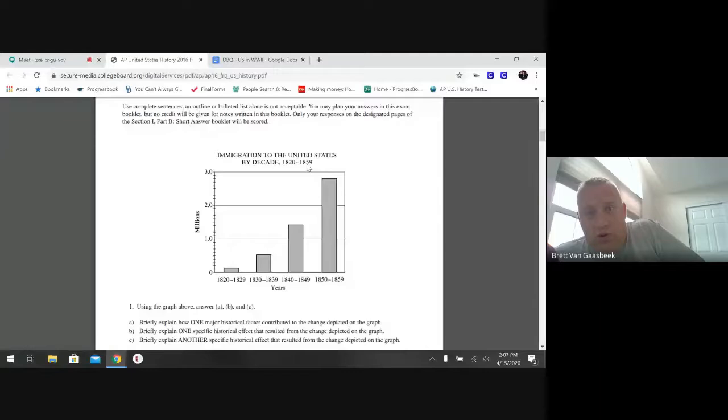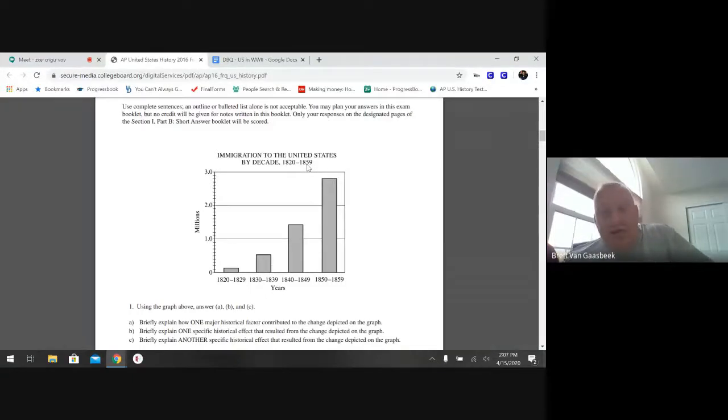That's what I'm getting just by looking at it. So in the 1820s, we didn't have millions of people coming here. We still didn't have millions in the 1830s. But by the 1840s, we were over that. We were getting 1 million people plus per decade. And of course, we were almost to 3 million per decade by the 1850s.